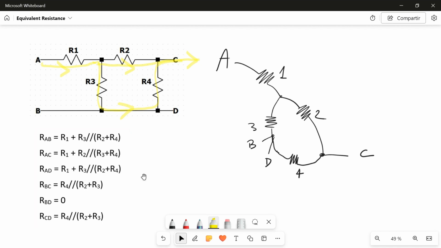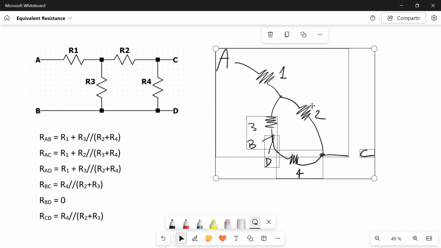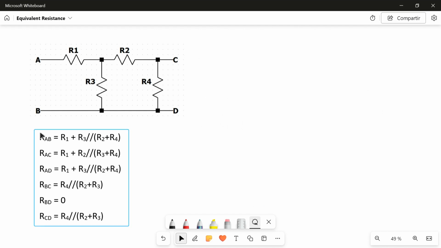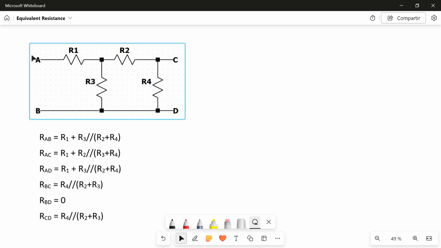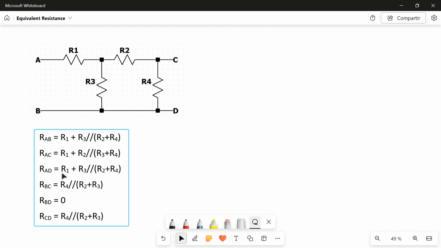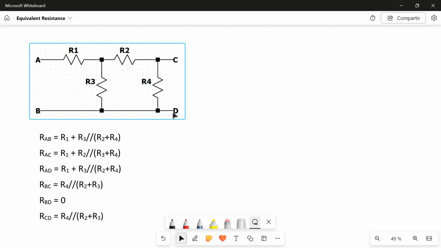Okay, so now we can calculate more resistances in this network. Let me delete the last drawing. For obtaining all the combinations, I also calculate RAD, but actually RAD is the same as RAB because B and D are just connected with a cable.